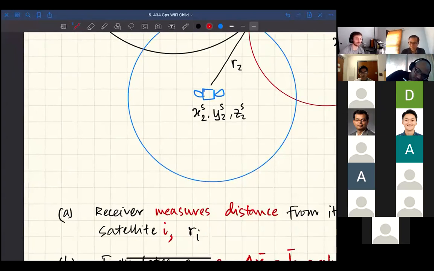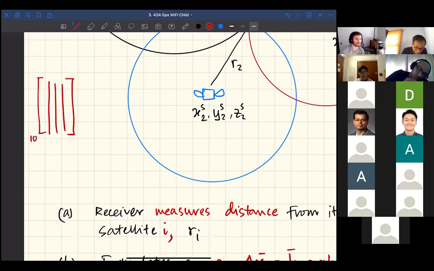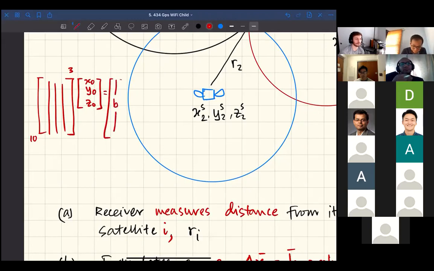Lucas, let me think how to quickly say this best. Imagine a thin matrix A. Let's say this is 10 cross 3. And then you have X0, Y0, Z0 equals B. B is 10 cross 1.